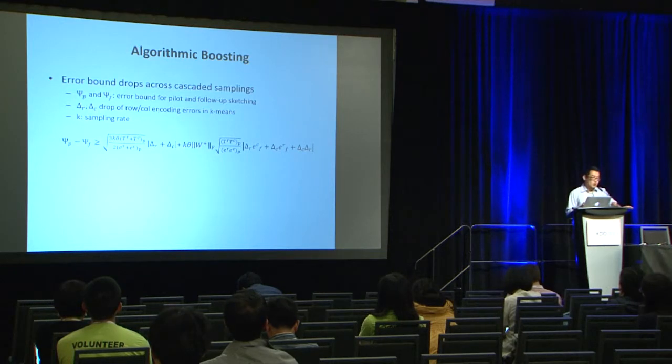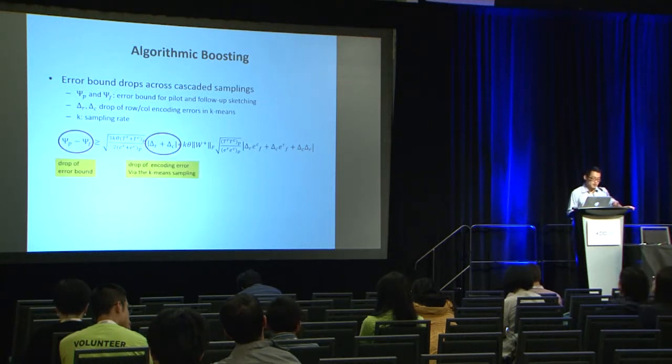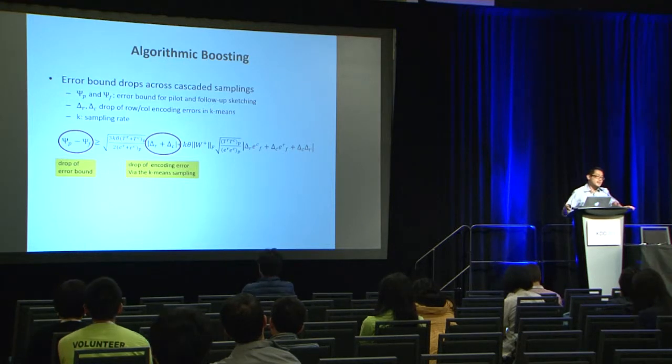Basically, we have shown that the error bound of our approach drops from the first round to the second round. That means it becomes more accurate, and this drop of error bound across these two rounds is closely related to the drop of the encoding errors in the second round.